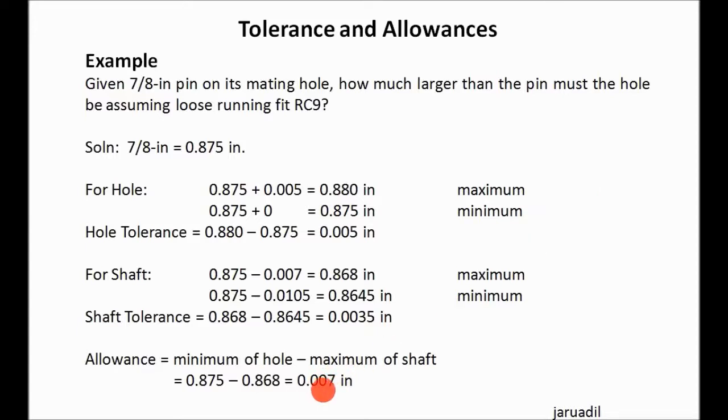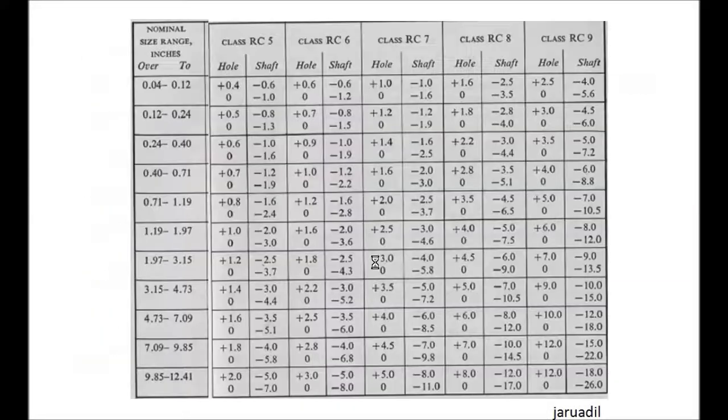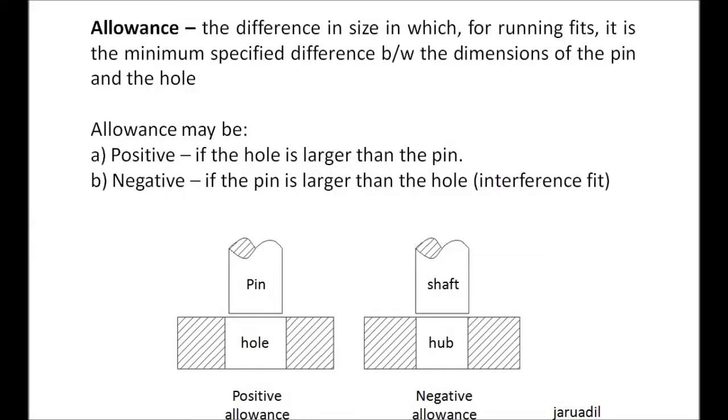yun ang allowance. Kasi yung definition ng allowance natin is, kung babalikan natin yung definition ng allowance, ang sabi dito sa definition ng allowance ay the difference in the size in which for running fit it is the minimum specified difference between the dimensions of the pin in the hole.